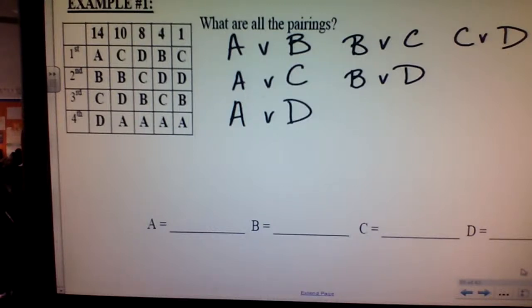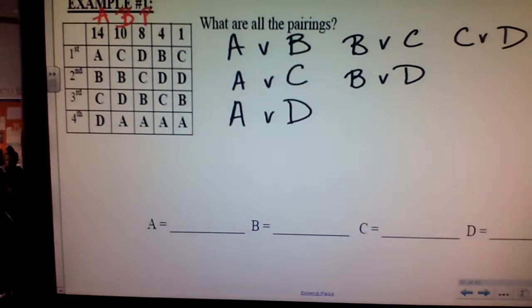So now, this is probably the most difficult thing for people to grasp. A versus B. You need to look at each column and only compare A and B. In this first column of 14, A is in first place, B is in second. Who wins? A. B is in second, A is in fourth. B. B is in third, A is in fourth.